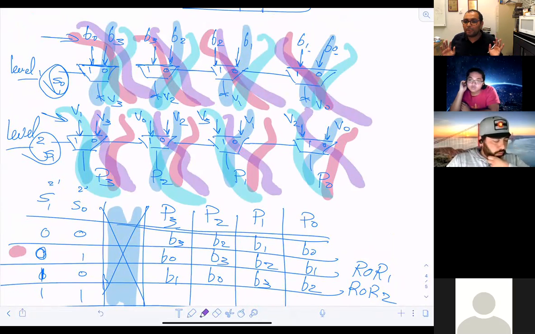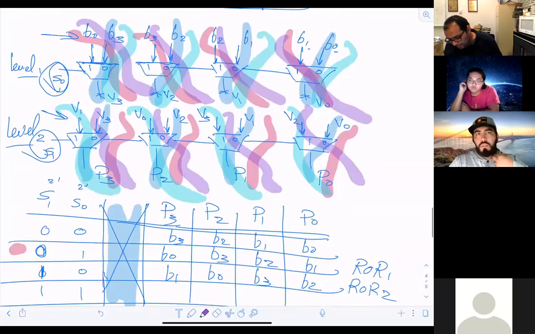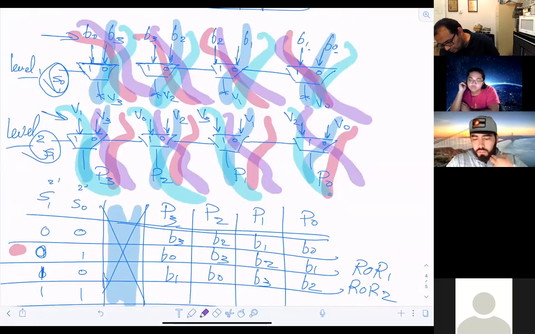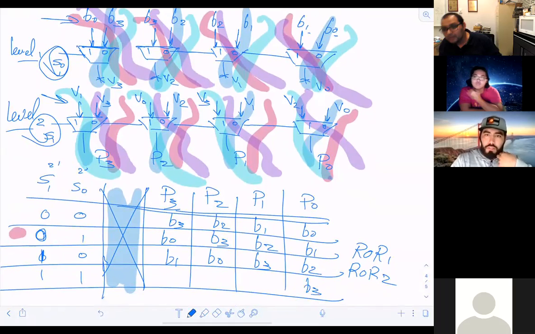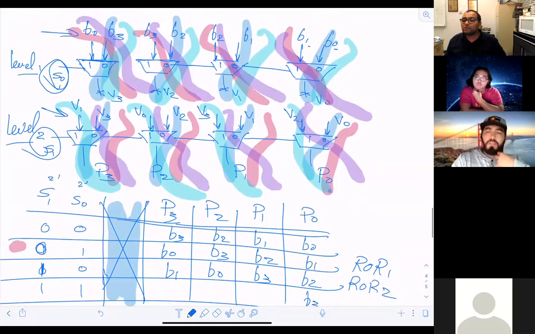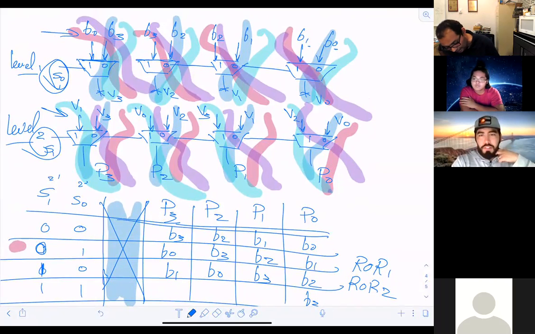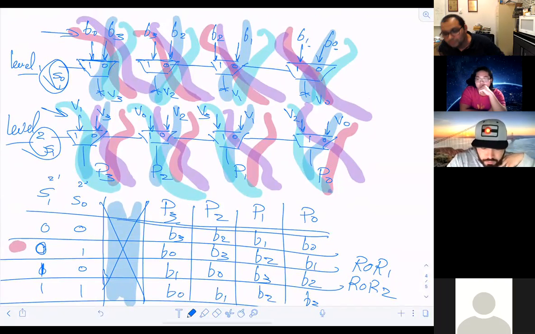Let's see how it's going to work. P0 is what? V2. But V2 is what? P3. P3, exactly. After that, what? It's going to be B2, B1, B0.